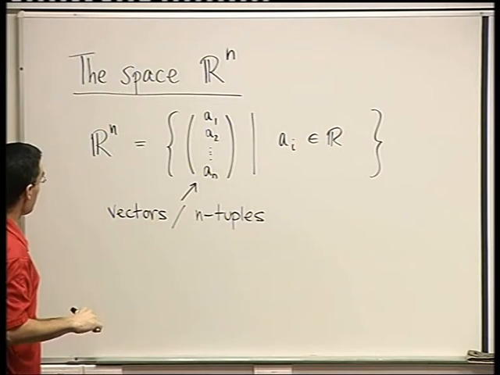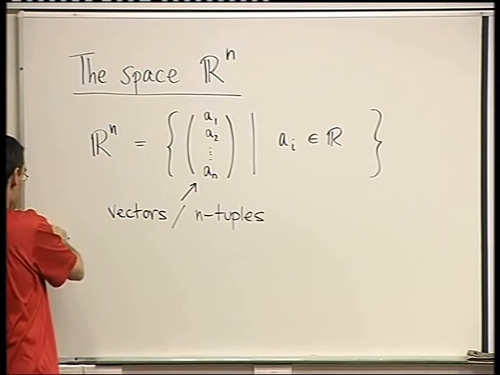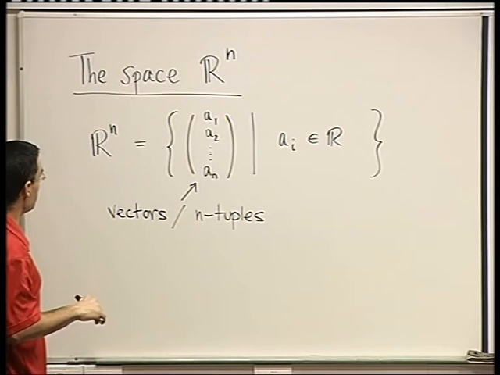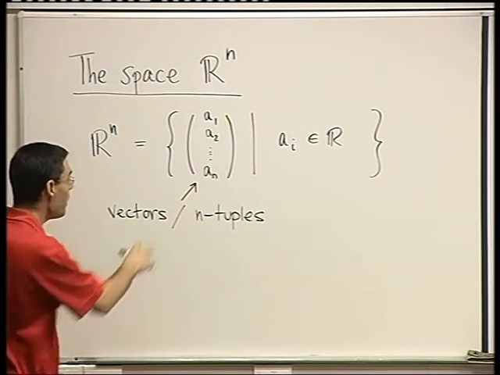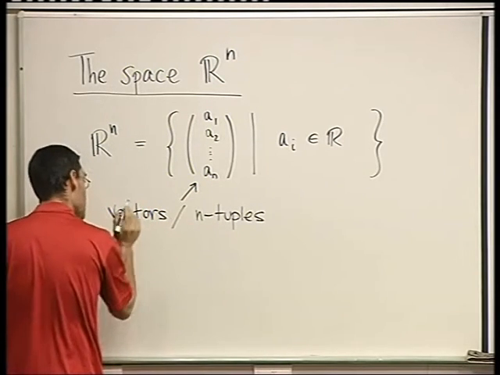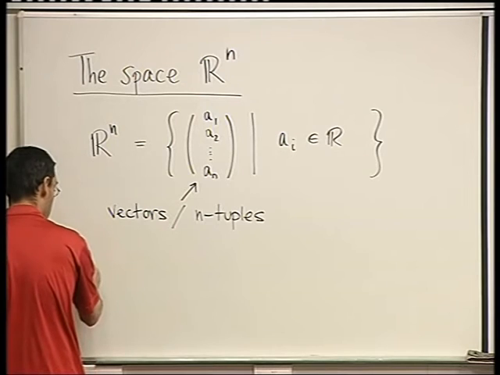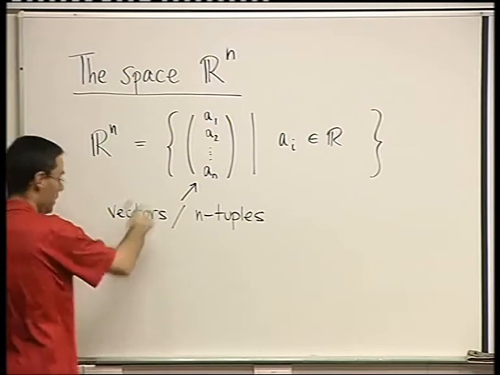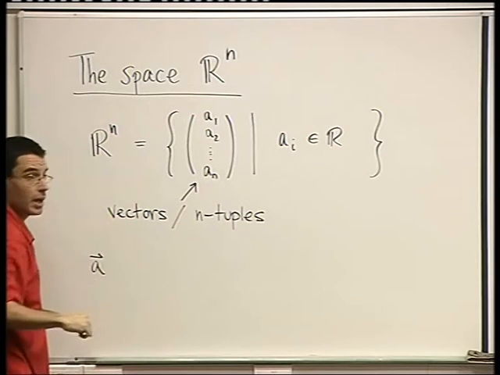So what is the structure on this space? We're going to call it a space. What is the structure on this? Well, we know how to add things like this. Let's maybe even start with equality. When we put an arrow like this, it stands for the entire vector.